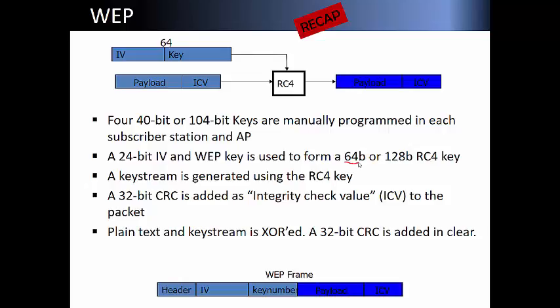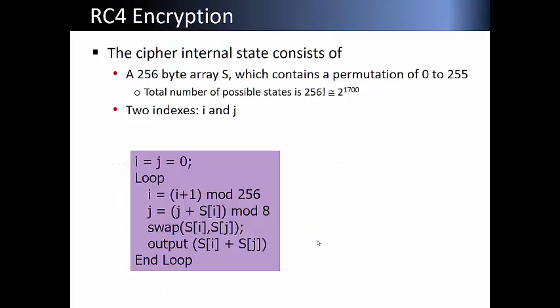The algorithm that we looked at was for 64 bits, but we can increase that to 128 bits. It is still RC4 and all others are the same as before.